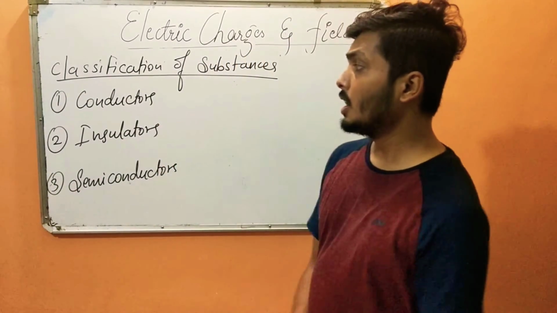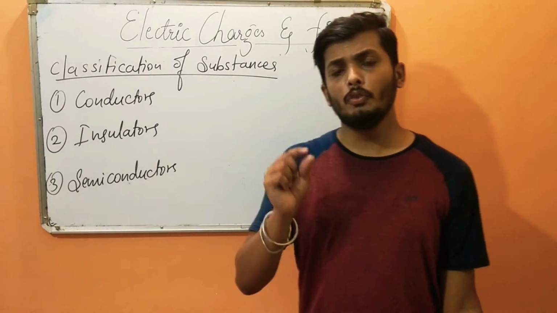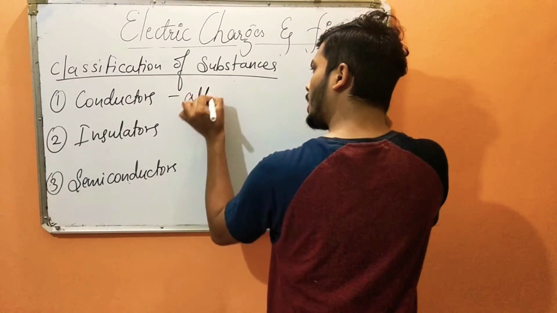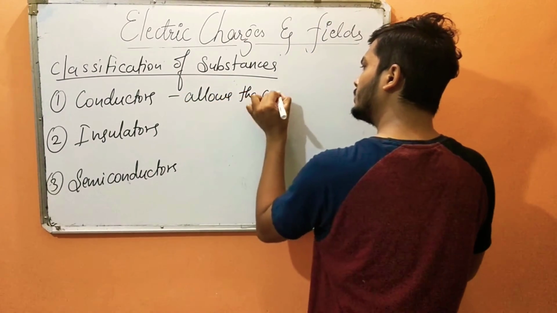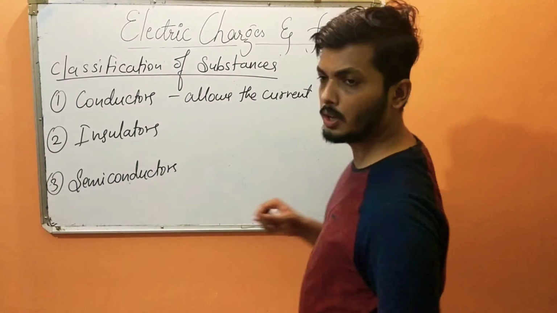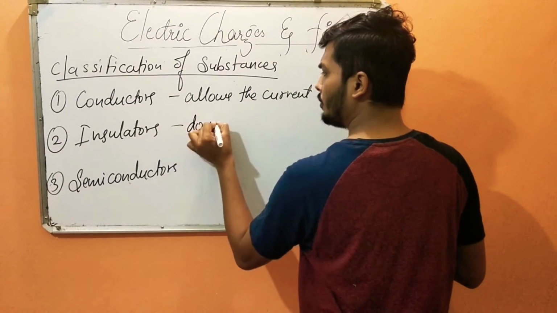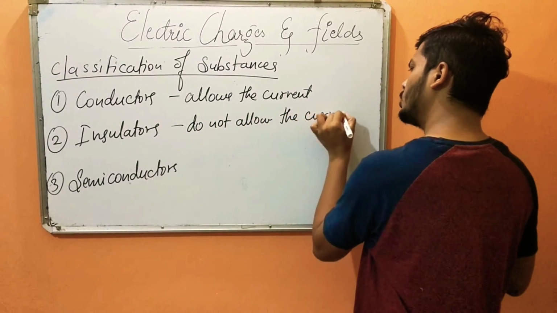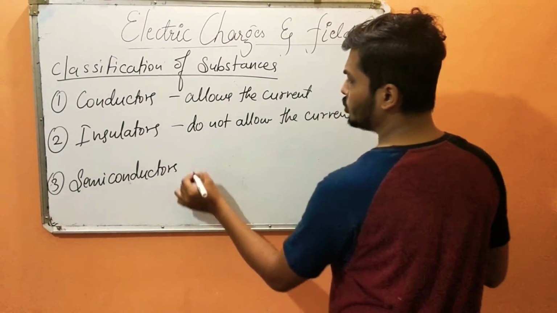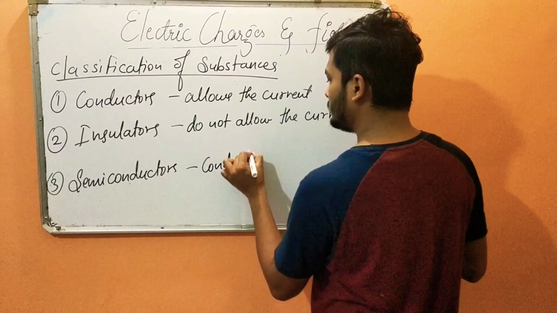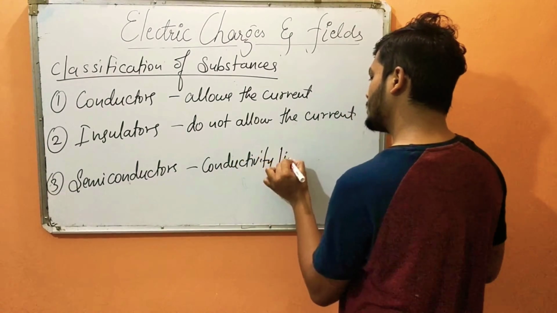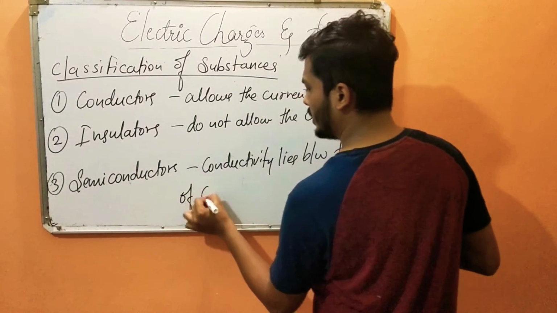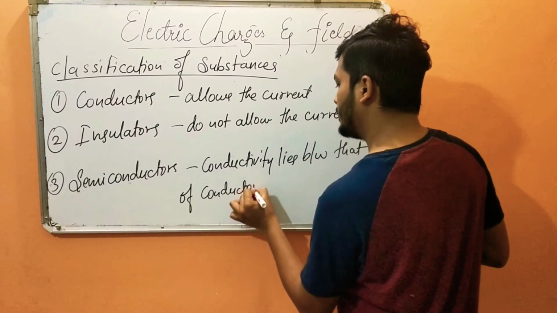Conductors are those materials which allow current to flow through them. Insulators do not allow current to flow through them. Semiconductors are those materials whose conductivity lies between that of conductors and insulators.